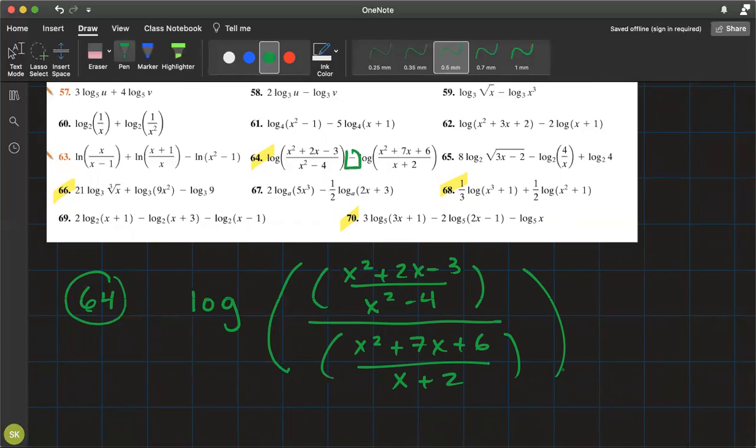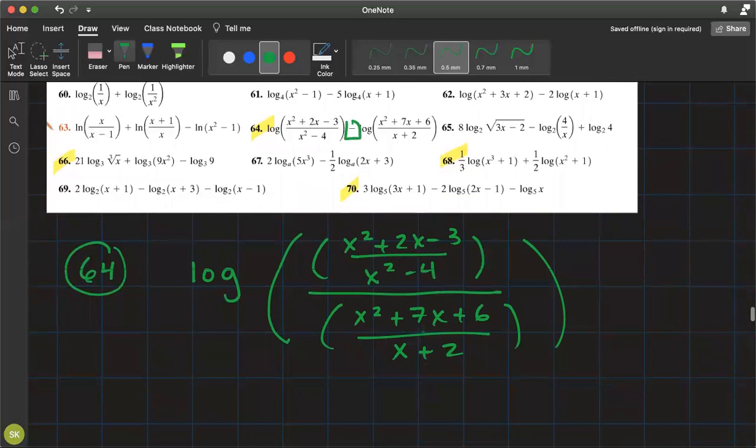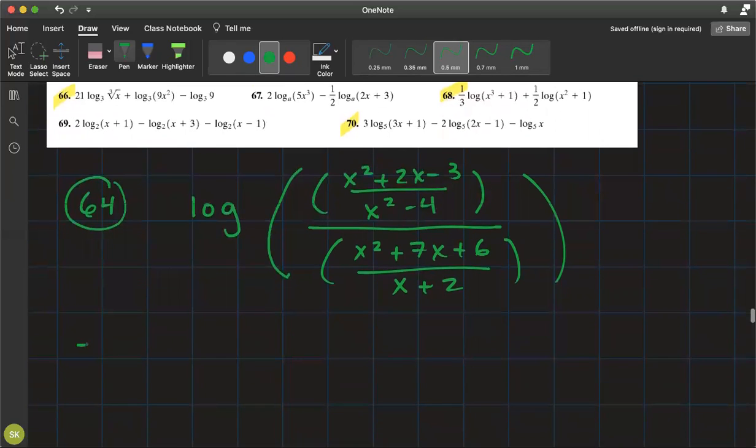What I'm going to do first is I don't like all of these division signs, right? This is the same thing as taking this guy in the numerator and multiplying by this guy flipped. So let's at least try to simplify it a little bit.